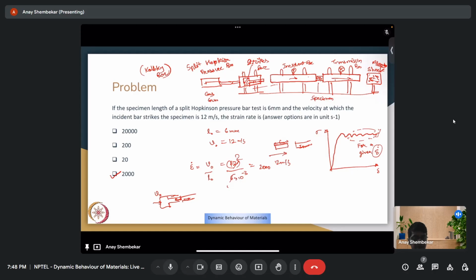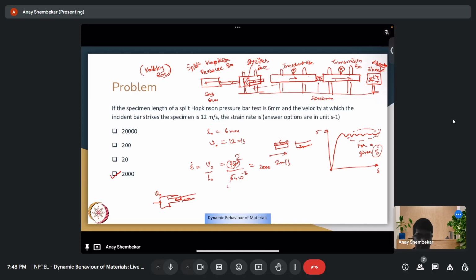From that, we can estimate that the wavelength of the elastic wave which would propagate into the incident bar and then the specimen and so on generally turns out to be twice the length of the striker bar. I think that would be more confusing right now.